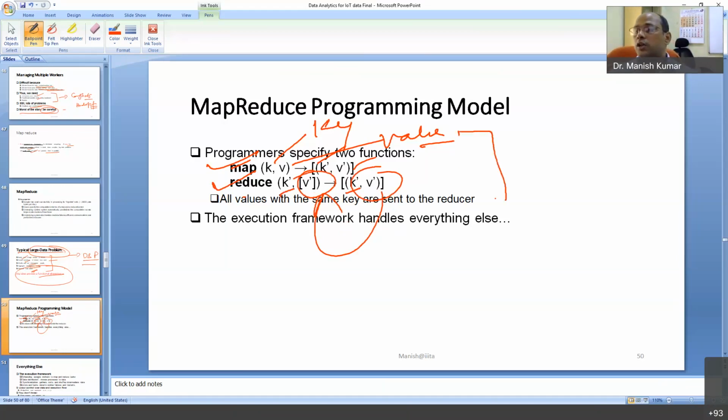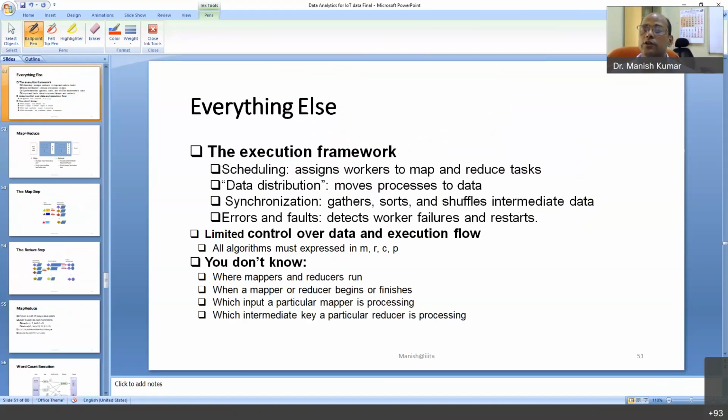That means you just have to do this. Everything means everything, whether it is scheduling, data distribution, synchronization, or errors and faults; all of this will be handled by the framework itself. What you need to define is what is map, what is reduce, what is combine, and what is partition.